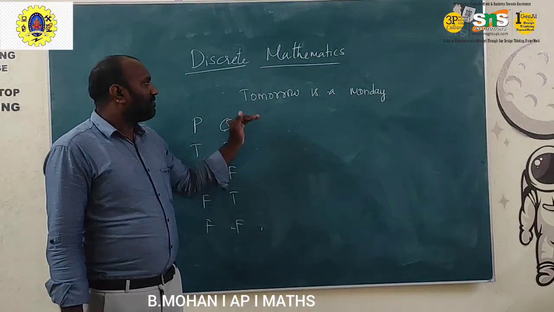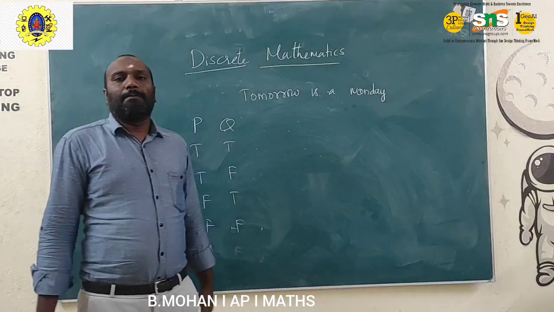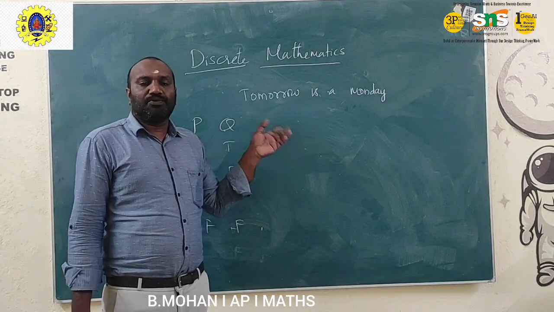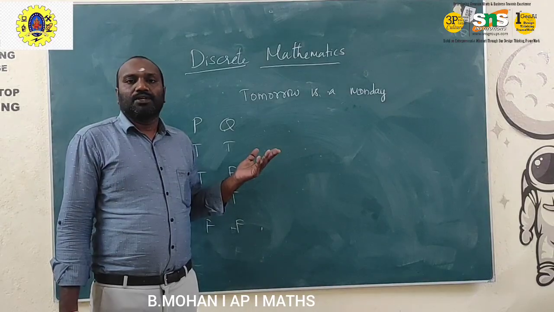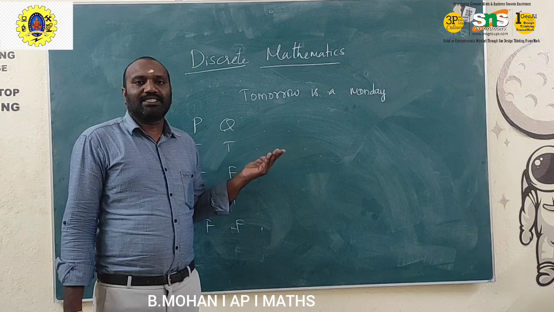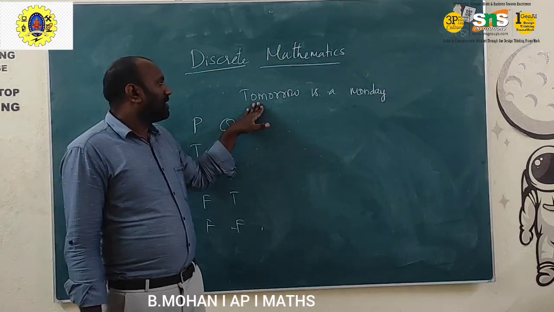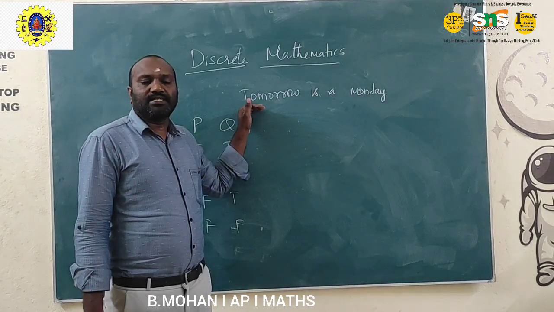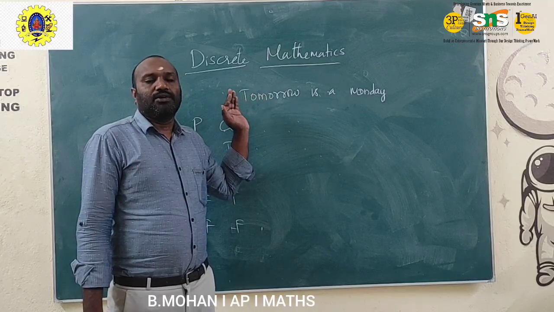They only give one statement, that tomorrow is a Monday, but they did not say what today is, maybe Sunday or not. We know that the day before Monday is Sunday. Otherwise, the statement is wrong. So this statement may be either wrong or true.